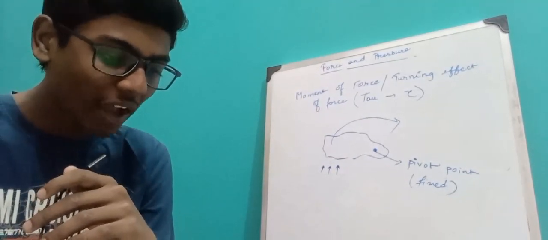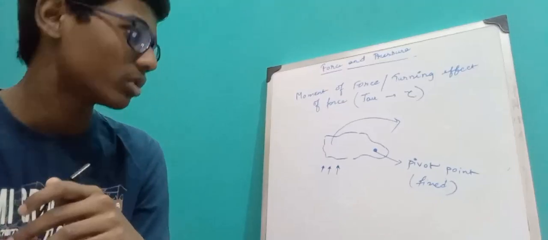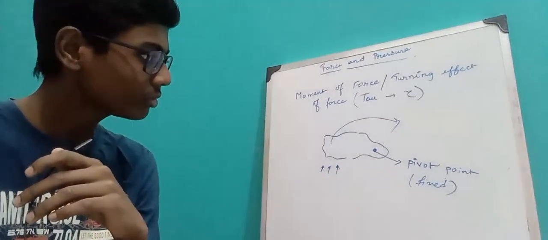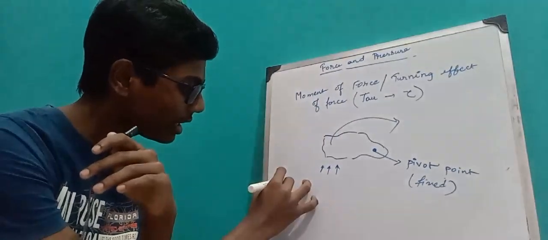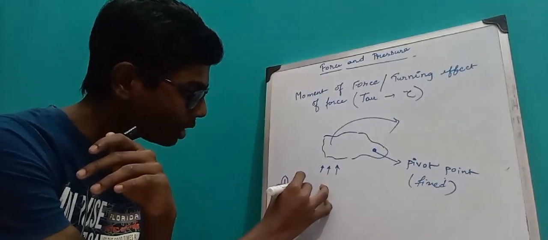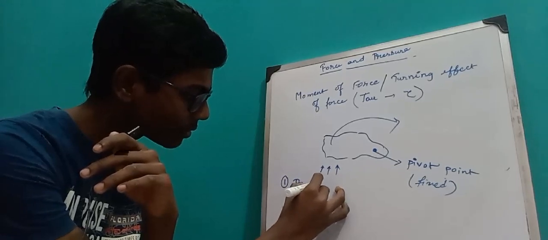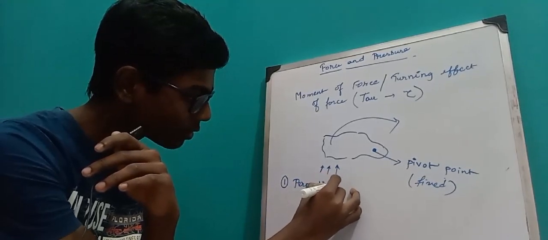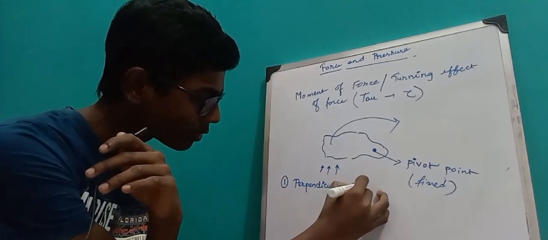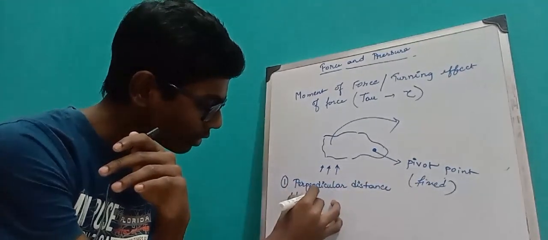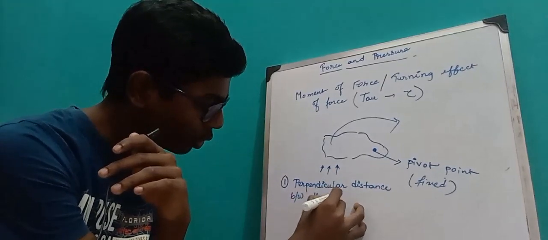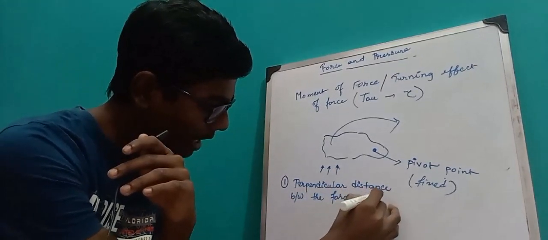Now coming to factors affecting the moment of force. The first factor is the perpendicular distance between the force and pivot.